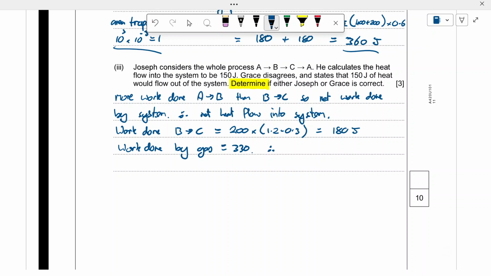Therefore, 330 minus 180 equals 150 joules work done net. Therefore, 150 joules of heat must flow into system.